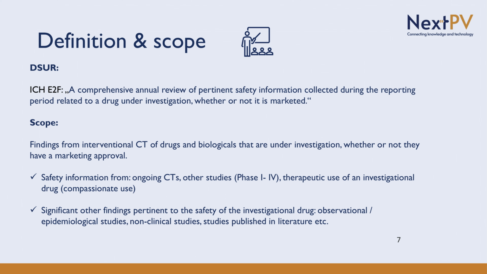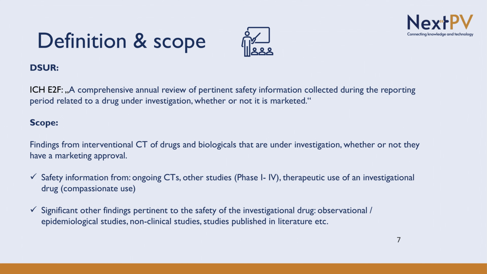Definition and scope. According to ICH E2F, a DSUR is a comprehensive annual review of pertinent safety information collected during the reporting period related to a drug under investigation. The scope includes findings from interventional clinical trials of drugs and biologicals under investigation, whether or not they have marketing approval.